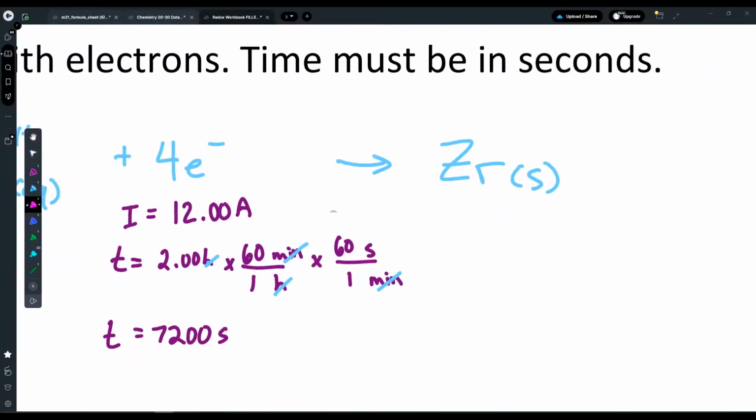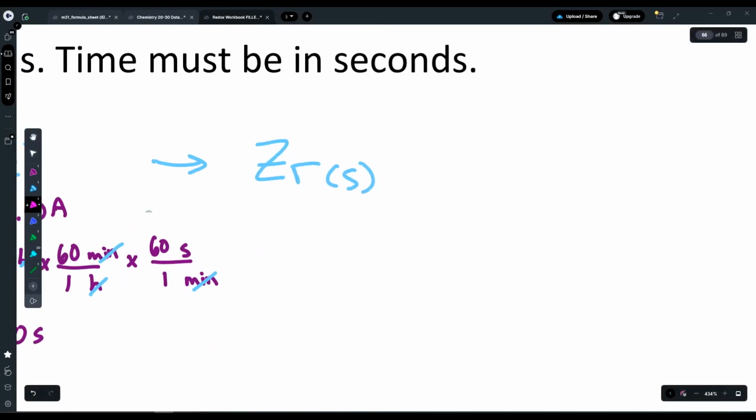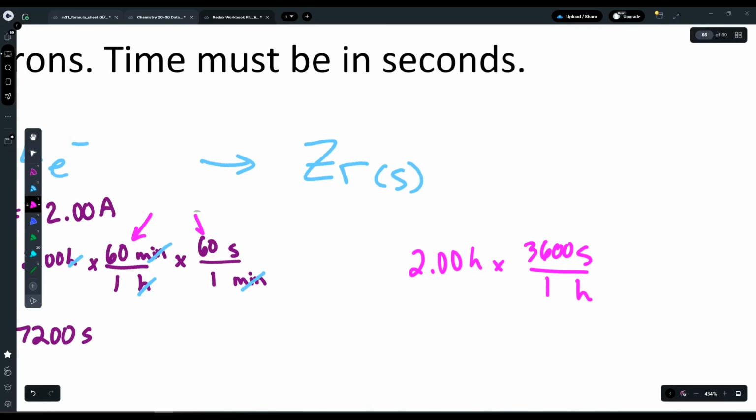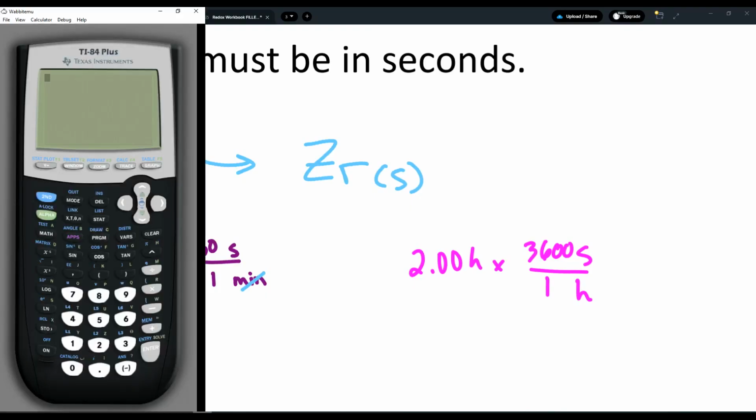If you wanted to convert from hours to seconds in just one step, you would take those 2 hours, and since we want to cancel out hours, which is on top, I'm going to put hours in the bottom, then seconds on top. In 1 hour, there's 3,600 seconds, which comes from the 60 times 60 here. If you want to do this in one step, you have to know that there's 3,600 seconds in an hour.